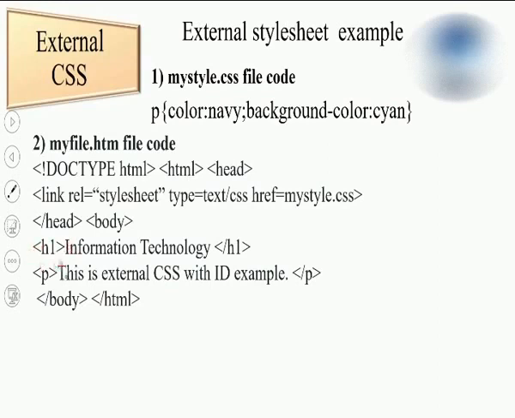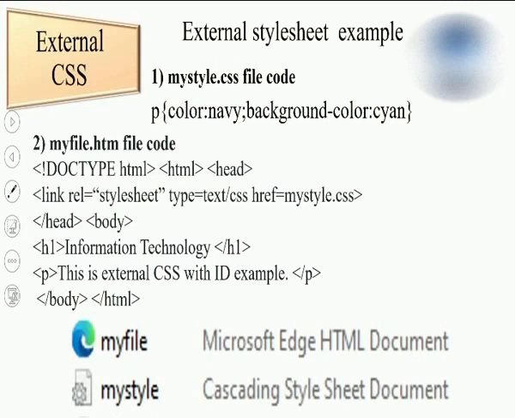If I don't write any paragraph inside the body tag, it's of no use writing this. So I must make use of the tag, whichever is the selector used inside the CSS, to get the output effect. So here this external CSS example will get the navy color and background color cyan like this.